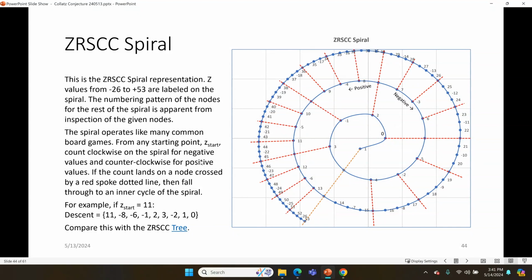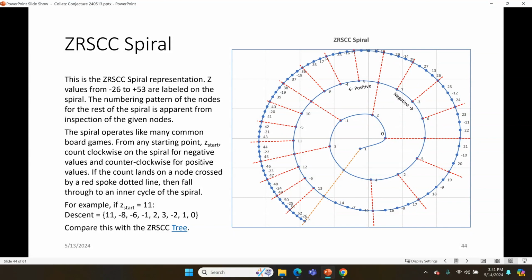So we're at negative 1, and that's a negative number, so we would count 1 click in the clockwise direction. That would land us on 2, which is positive. So now we count 2 clicks counterclockwise, which lands us on node 3, which is also positive. So we count 3 clicks counterclockwise, and that would land us on negative 2, which is now negative.